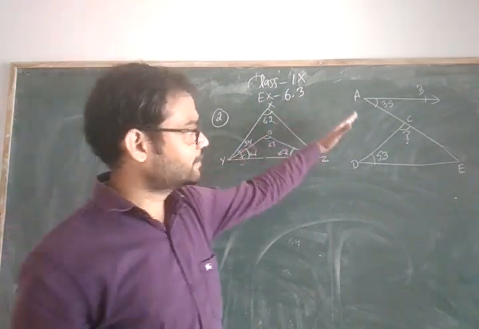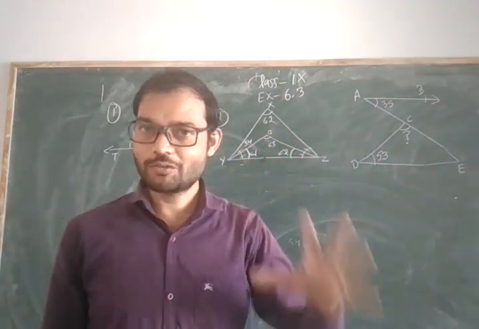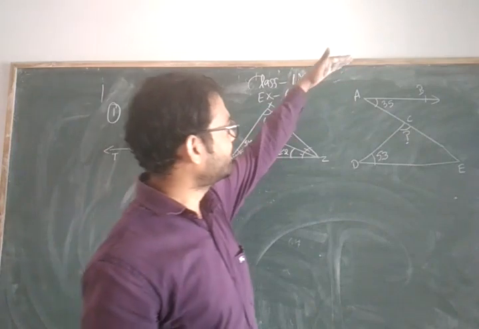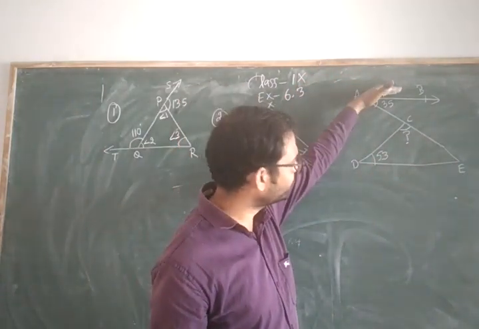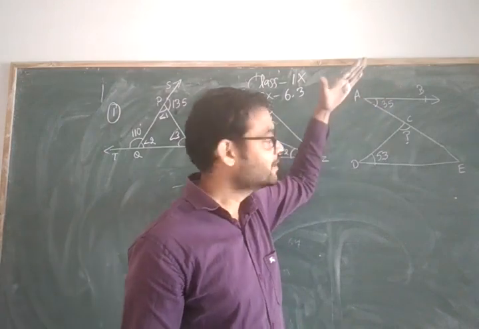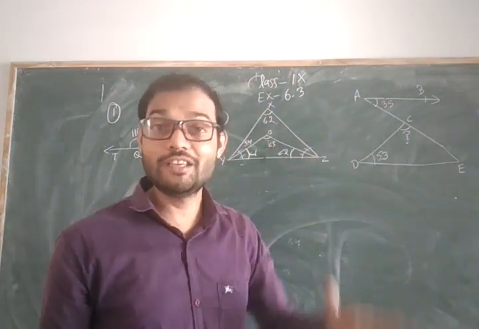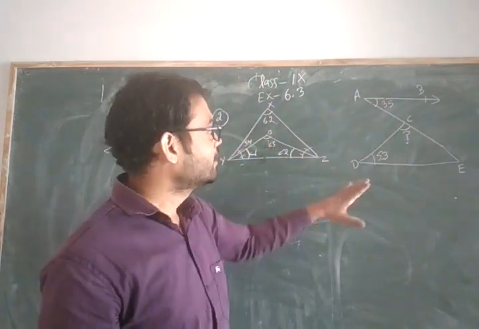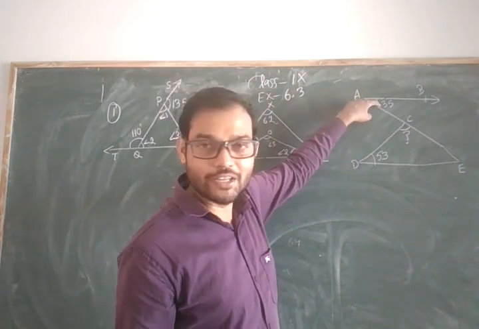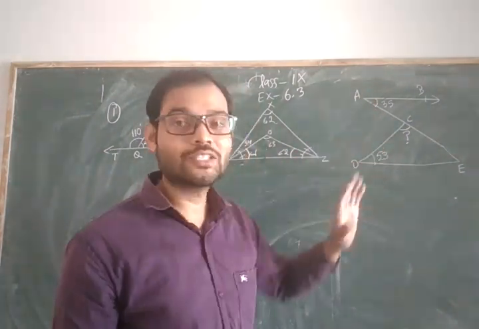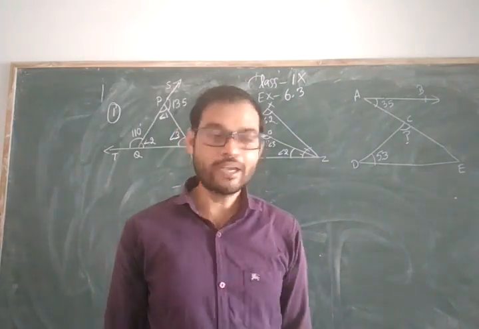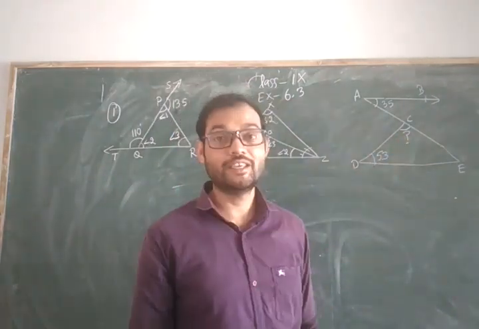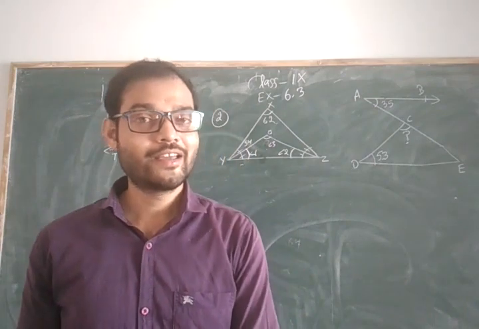So in question number 3, you are given that line AB is parallel to line DE. ये आपको given है. Okay. और ये angle 35 and this is 53. The question is to find out the angle C. ये आपने angle C find out करना है.